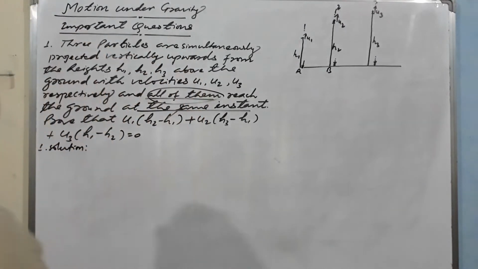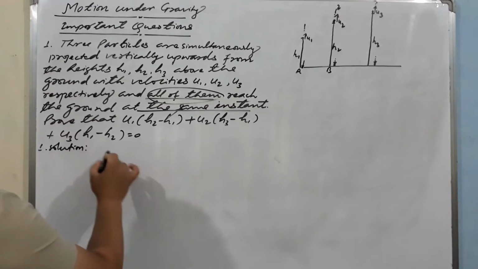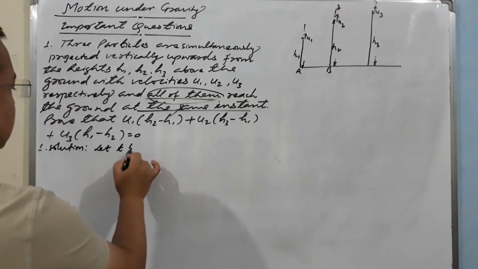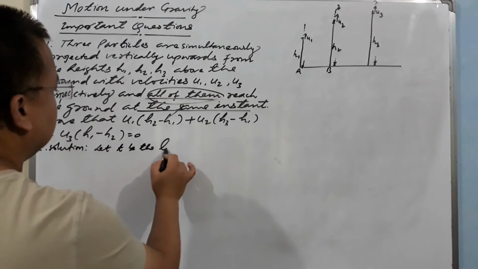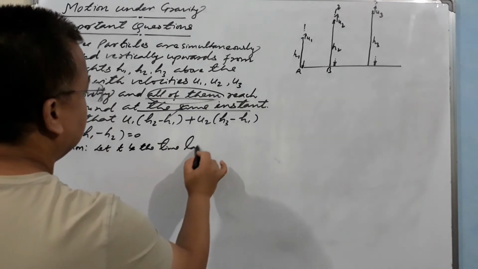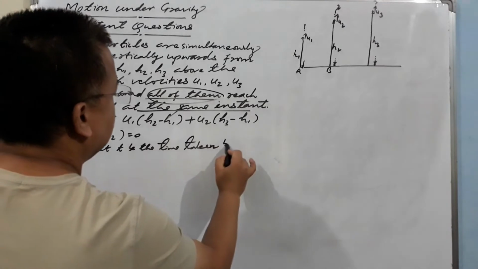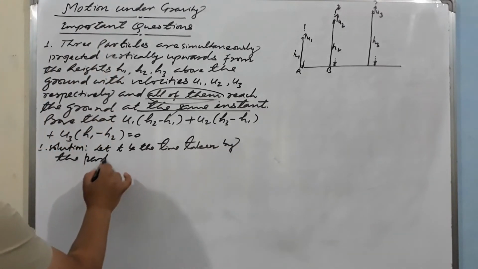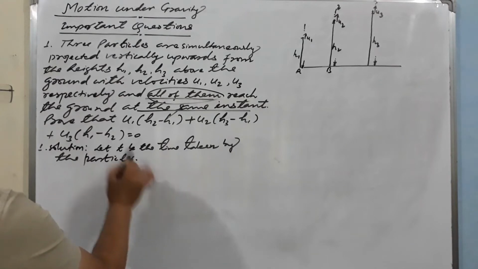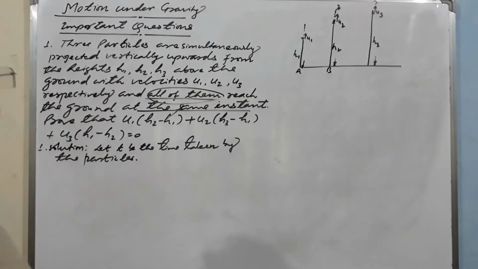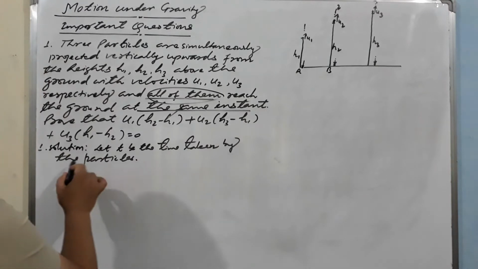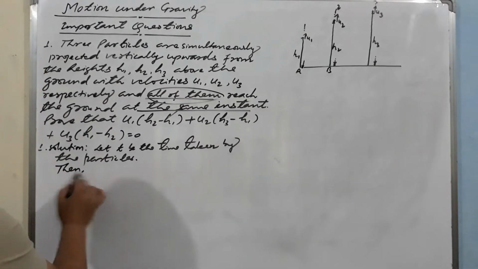So here let t be the time taken by the particle. In shortcut I have written let t be the time taken by the particles. Then they take the same time.